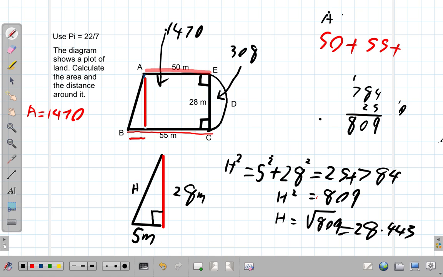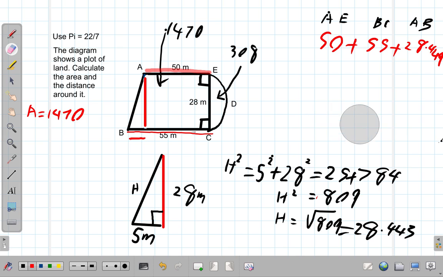Remember, this is AE, this is BC, now this is AB, and AB is 28.443, running out of space there. After that, what we need is the length of this part. We need that length. Now what are we going to do?